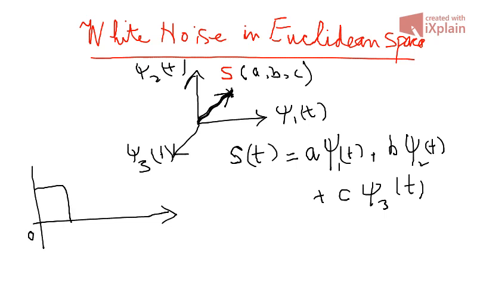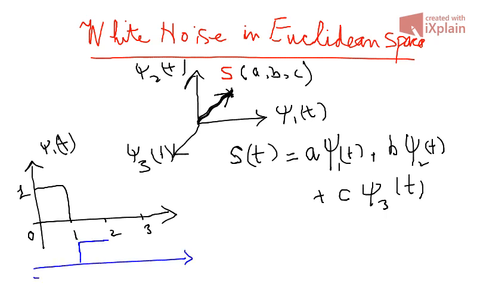As an example, I mentioned that these three signals, psi 1, psi 2, and psi 3, can be over 0, 1, 2, and 3. So psi 1 is this one, psi 1 of t. Similarly, we can represent psi 2 of t, and as I mentioned earlier in my previous graph, psi 2 of t exists between 1 and 2.